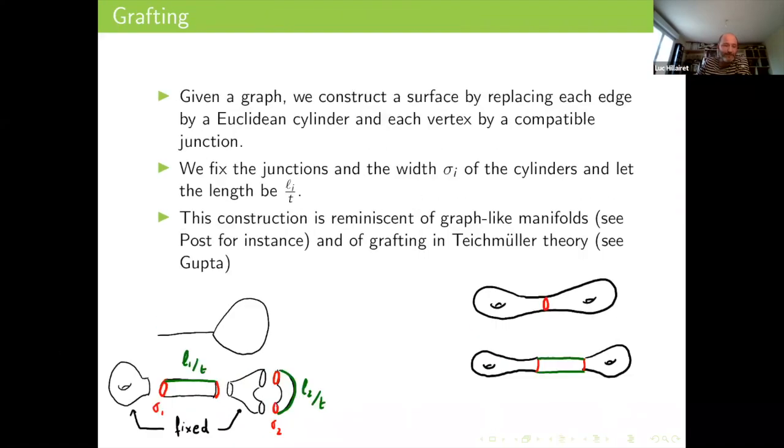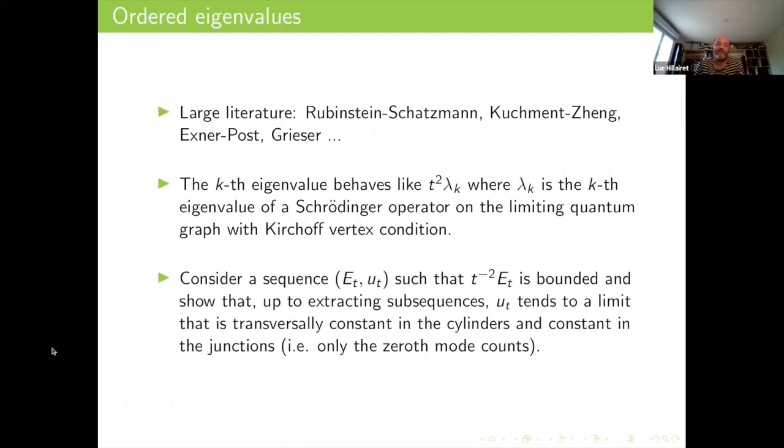And so again, for the ordered eigenvalues, there's a large literature on the question. I've given a few names, but there are many others: Rubinstein, Schatzman, Kuchment, Zeng, Exner, Post, and Grieser wrote a nice survey.